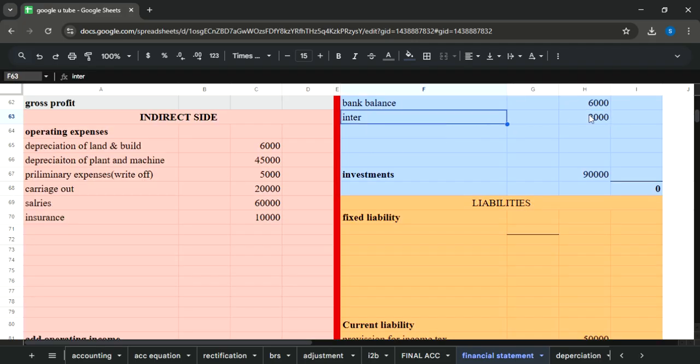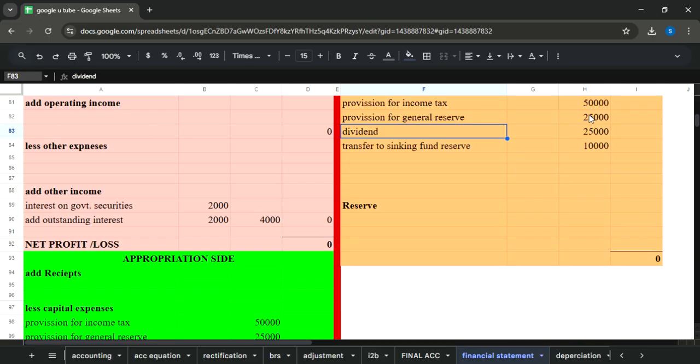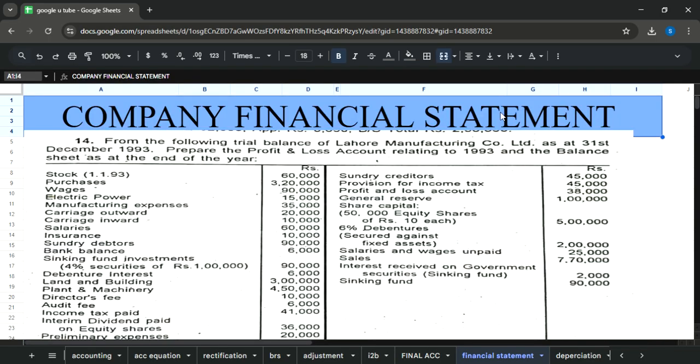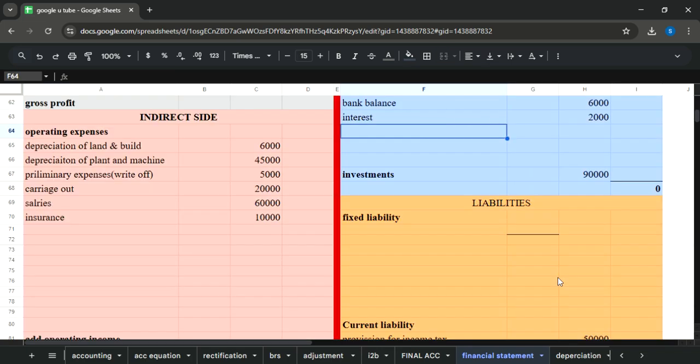So I'm sure that you people understood. Once again I'm telling you that the total amount of securities is 1 lakh, 4% was 4000 interest receivable, 2000 was already received. So it means 2000 is still receivable, which you have mentioned on the current asset side.